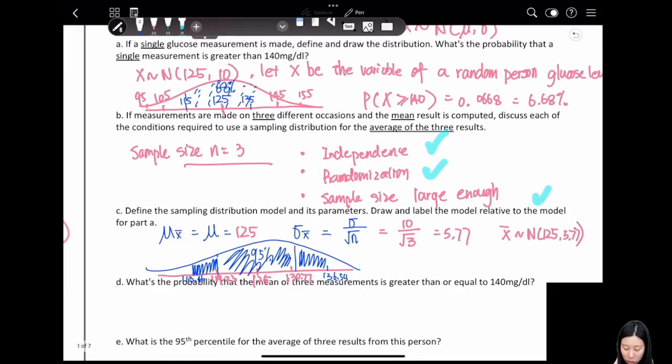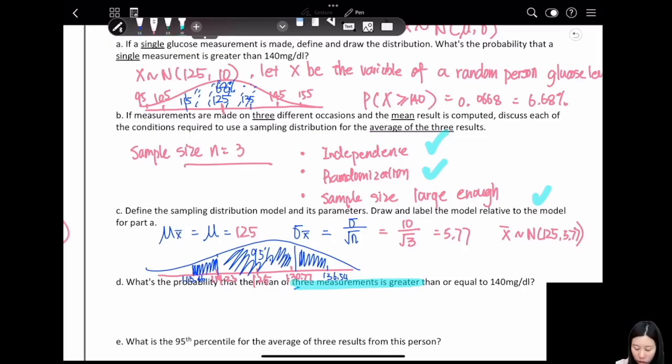Okay, so what's the probability that the mean of these 3 measurements is greater than or equal to 140? So remember, when they ask about the 3 measurements, that means it has to be in the sampling distribution.